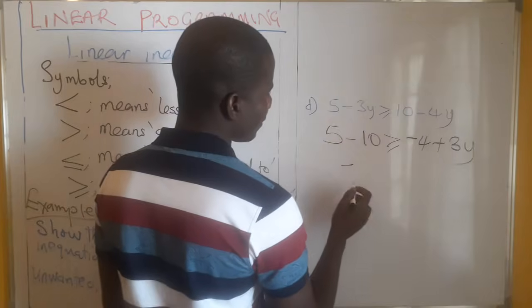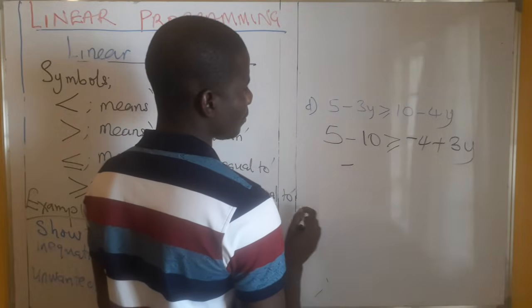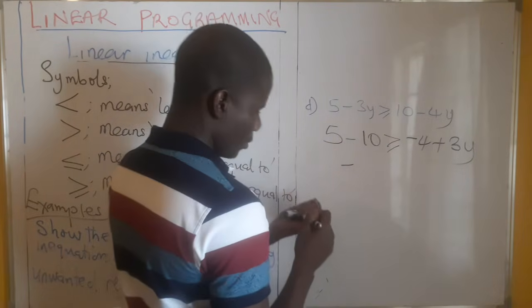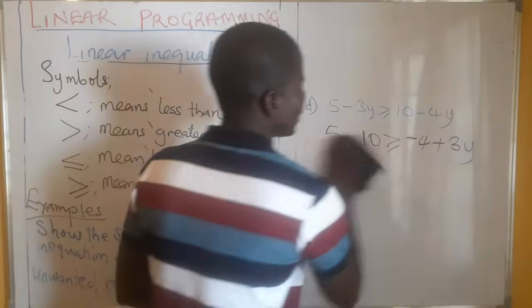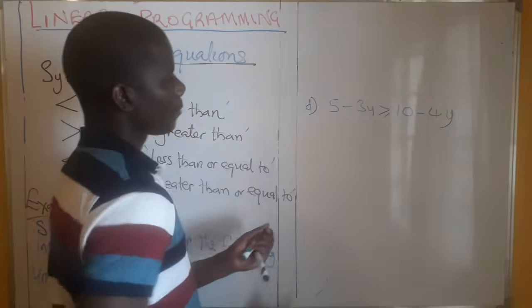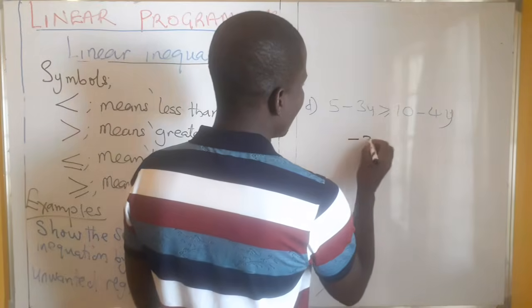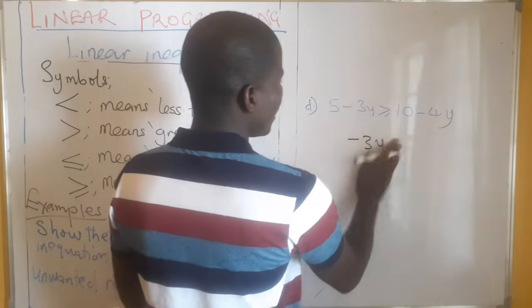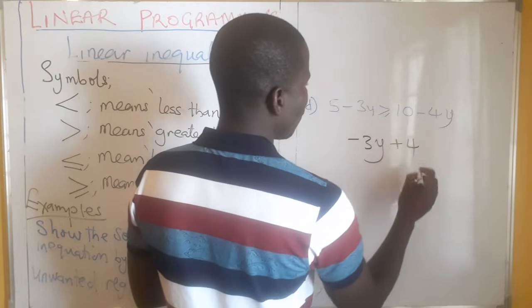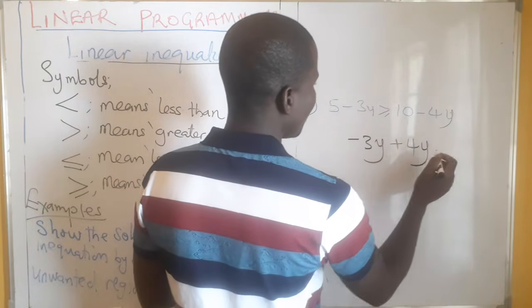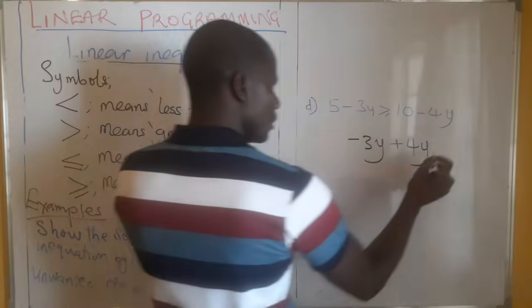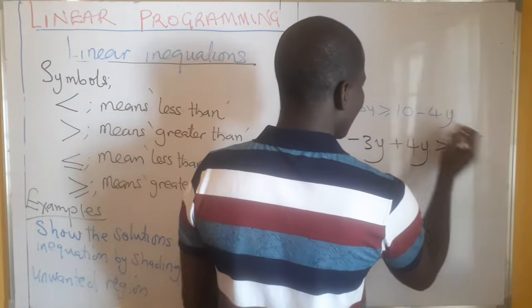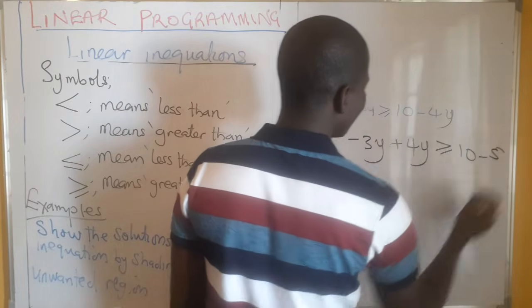So let's remain with the y this side so that it's easy like that. Okay, so we're going to have minus 3y here, then plus 4y, okay? Then what do we have here? 10 minus 5.